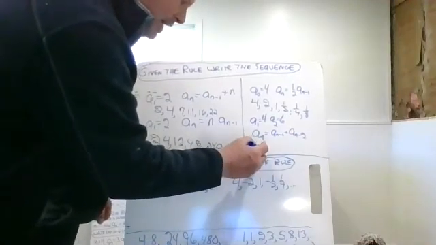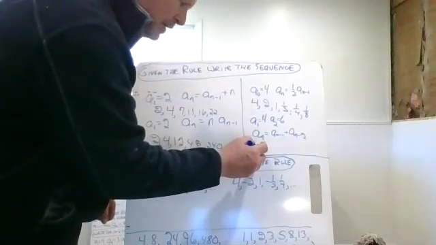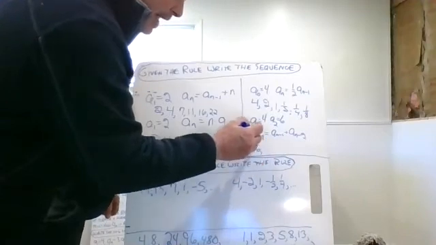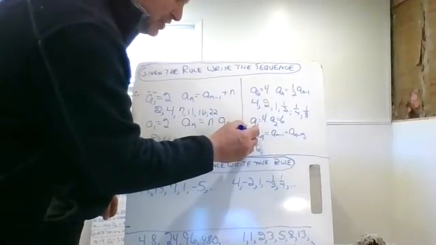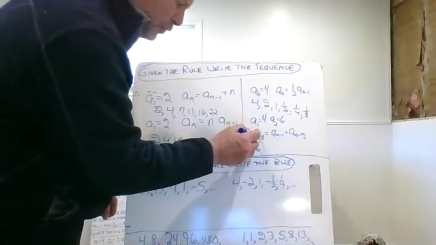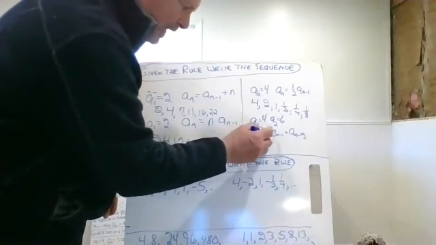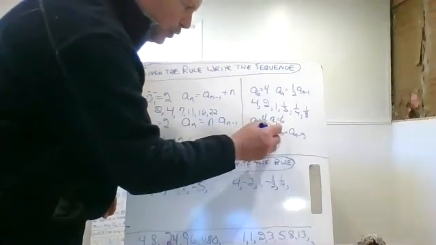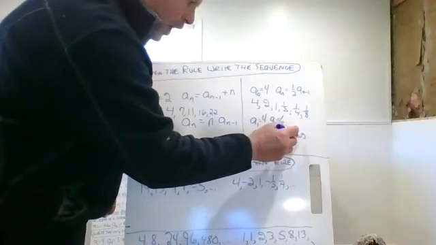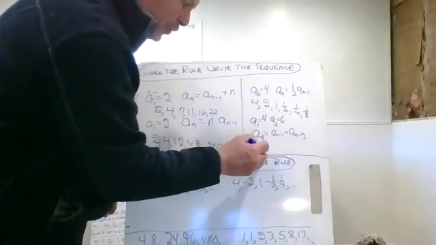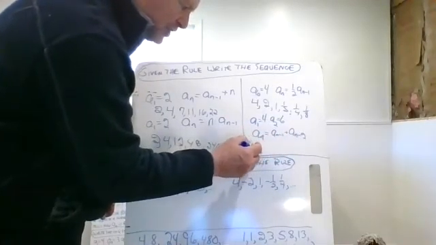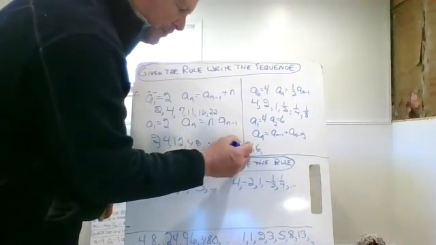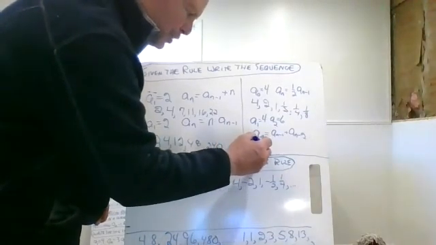And what we need is a sub 3. And what the rule says is that a sub 3 is going to be a sub 2 plus a sub 1. So your next term is the sum of the 2 previous terms.